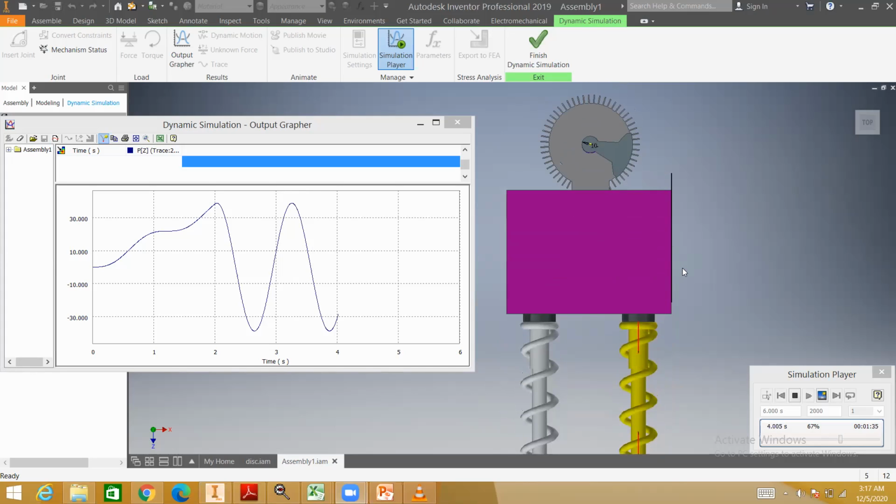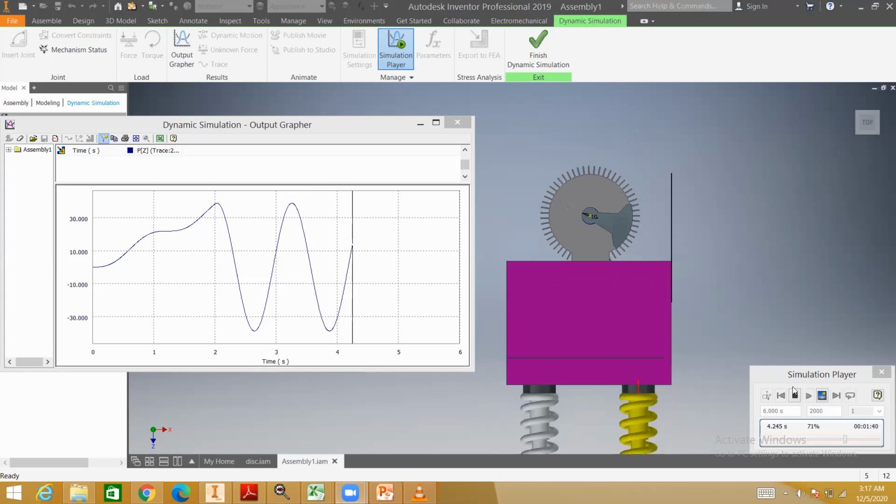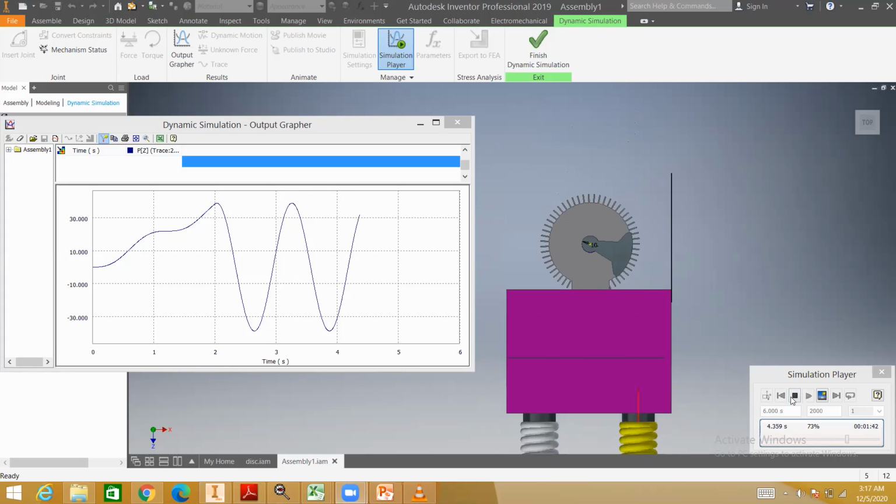Actually, I have taken a slow frame rate. That's why it is oscillating slowly. I will change the frame rate so you can observe the actual oscillations.